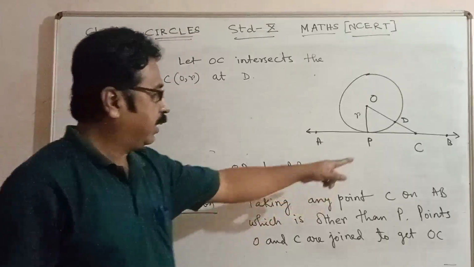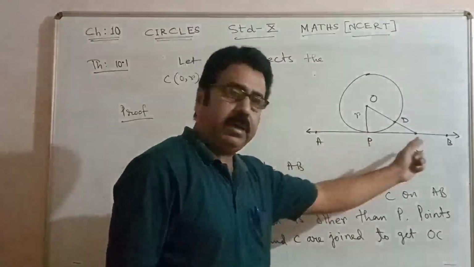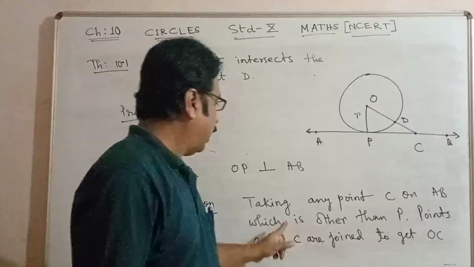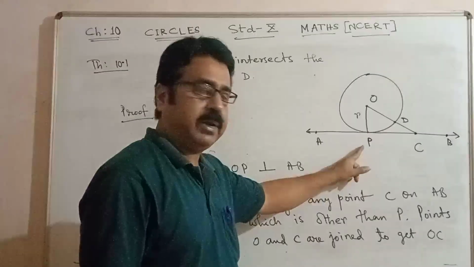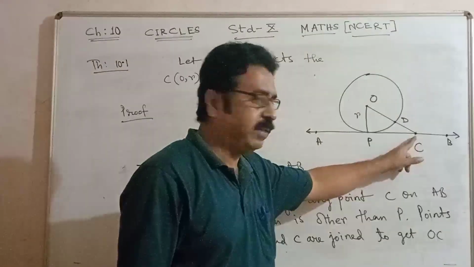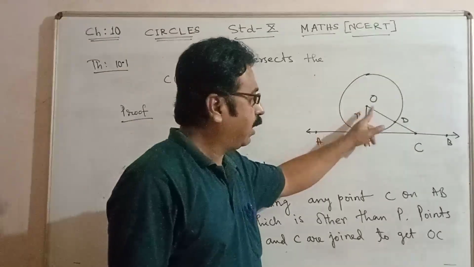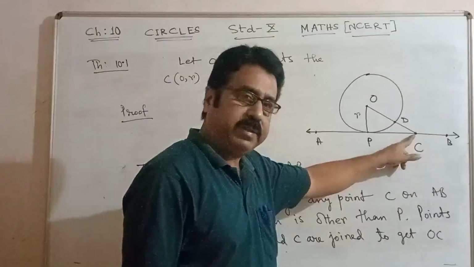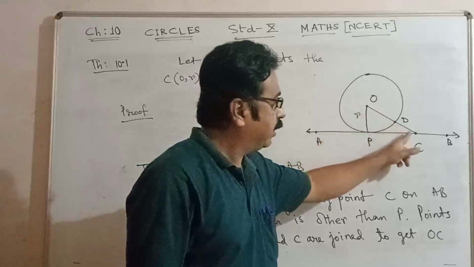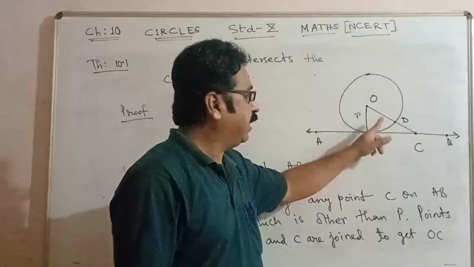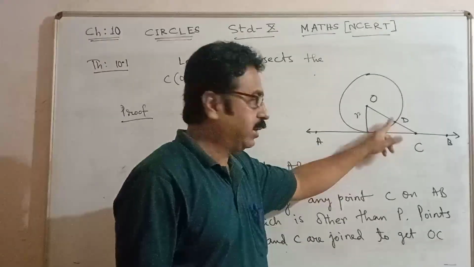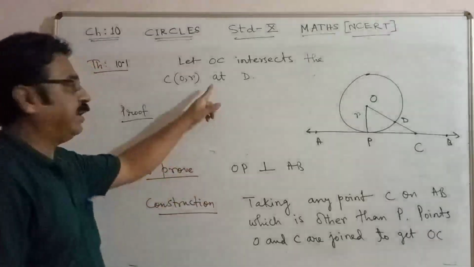Taking any point C on AB, which is other than P, we are not taking point P. Any other point we have taken, that is point C. After that, we have joined the center of the circle and point C, and this OC is intersecting the circle at point D.